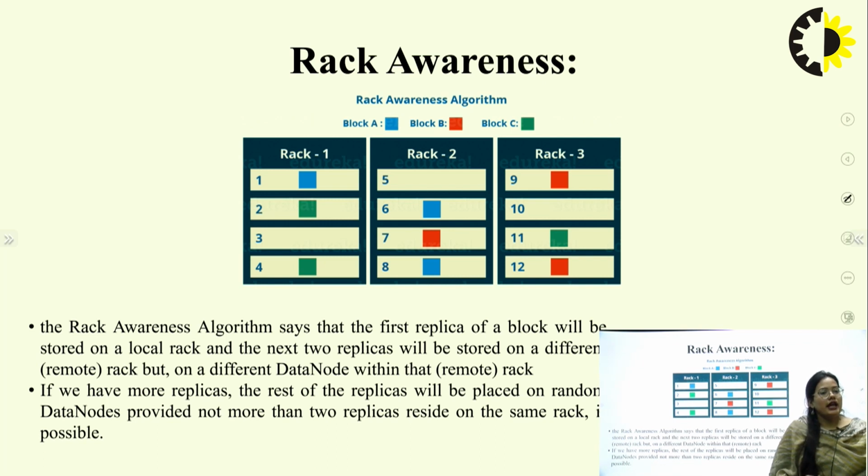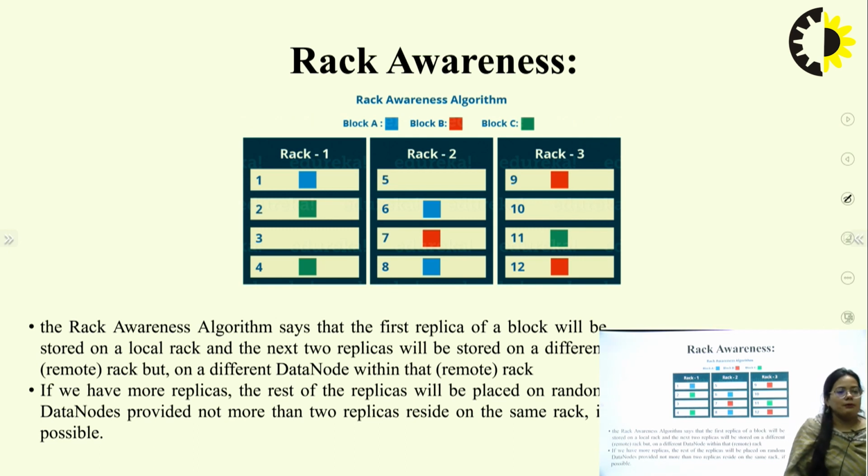It follows an inbuilt rack awareness algorithm to reduce latency as well as provide fault tolerance. The rack awareness algorithm says that the first replica of a block will be stored on the local rack and the next 2 replicas will be stored on a different rack, that is a remote location, but on different DataNodes within the remote rack.